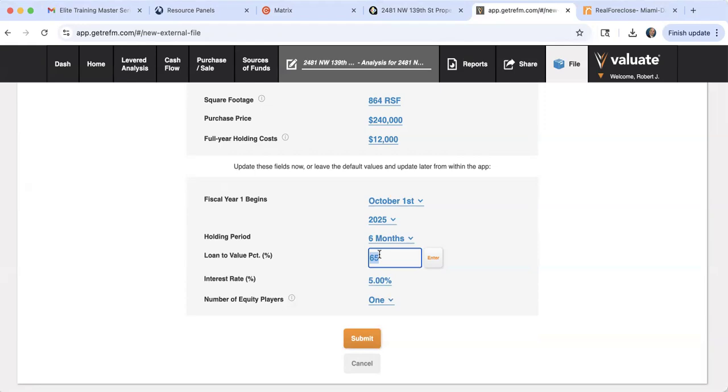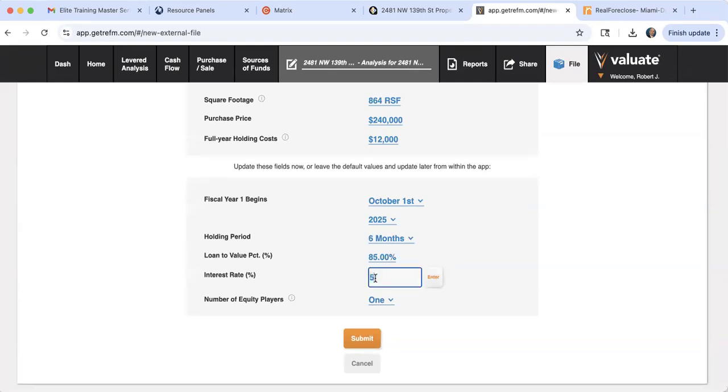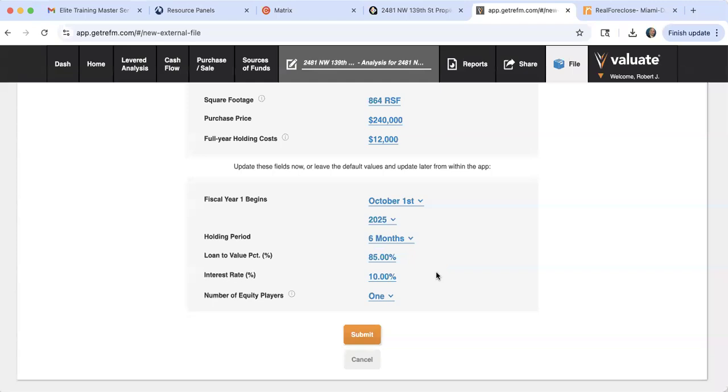So you're going to do a hard money loan, which in most cases you can get up to 85% of the value of the home at a higher interest rate. Your short-term loan is pretty much a 1 year, 12-month loan. We're going to put it in here as a 10% interest rate, so it's a slightly higher interest rate.